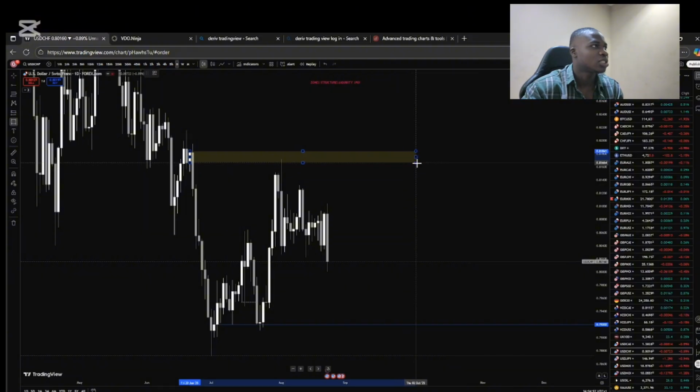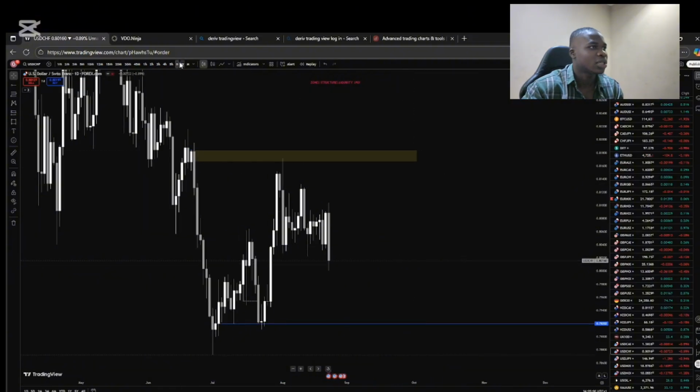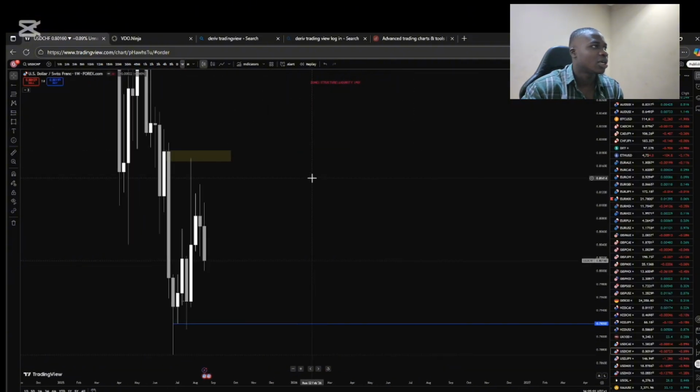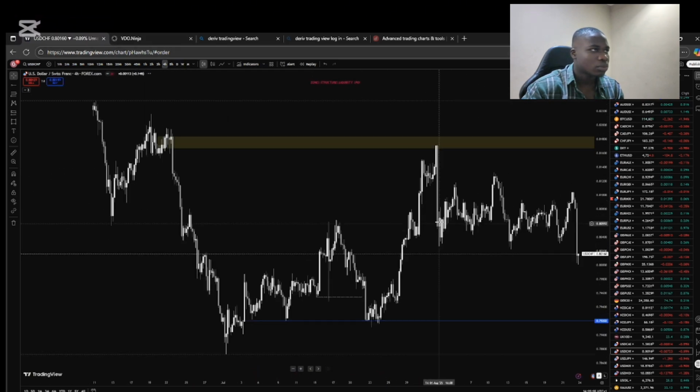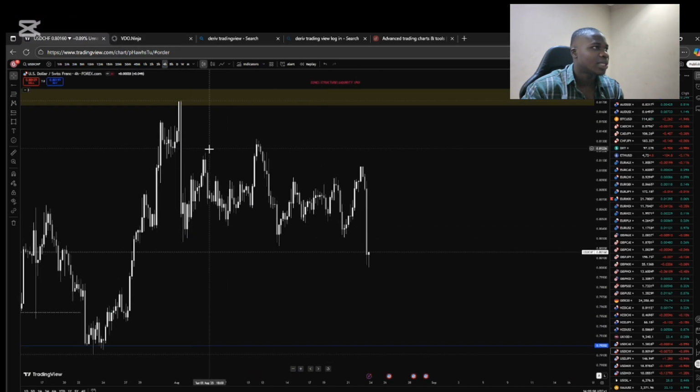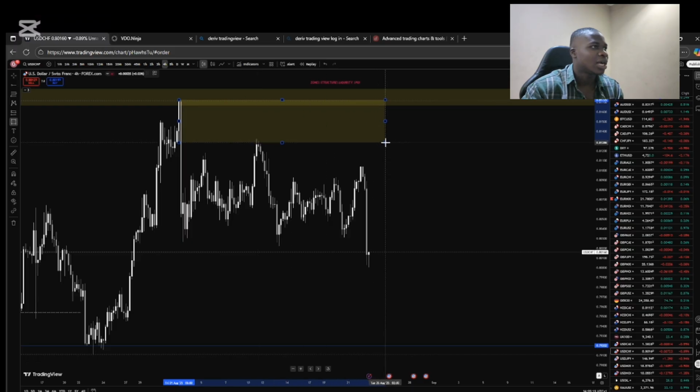Okay, if we drop down to daily time frame, we can see that currently price is coming from this sell side daily order block right here. If we drop down to 4 hour, we can see price is currently reacting from this supply, but there's no full mitigation of this supply. Price swept this place as liquidity, engineered liquidity. So now we have a sweep, a break, and a liquidity right here.